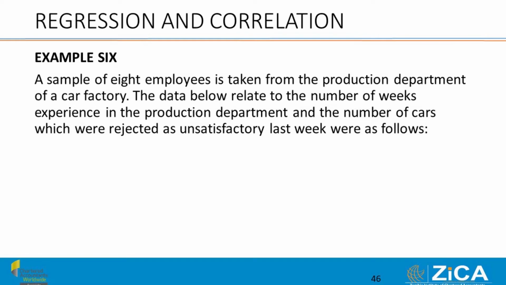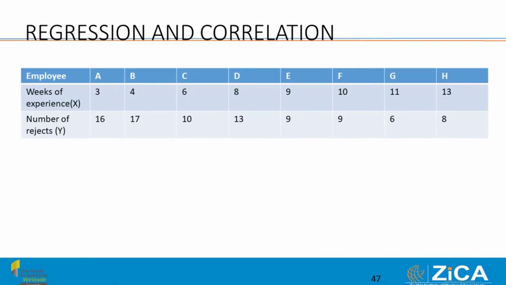Let us look at this example. A sample of 8 employees is taken from the production department of a car factory. The data below relate to the number of weeks of experience in the production department and the number of cars which were rejected as unsatisfactory last week. You have weeks of experience A, 3, and the number of rejects, let us say 16.